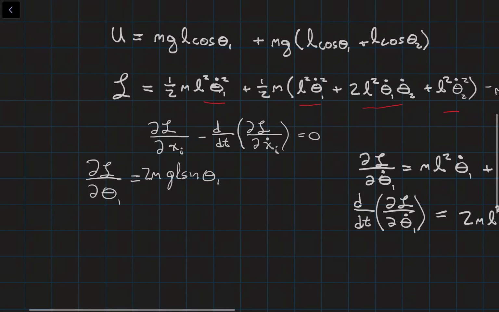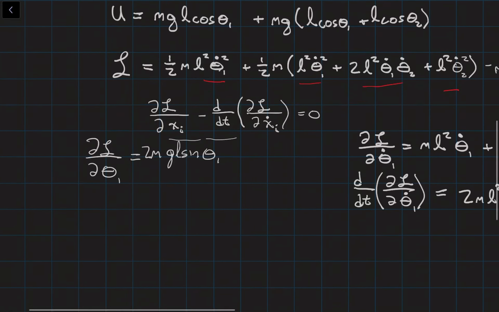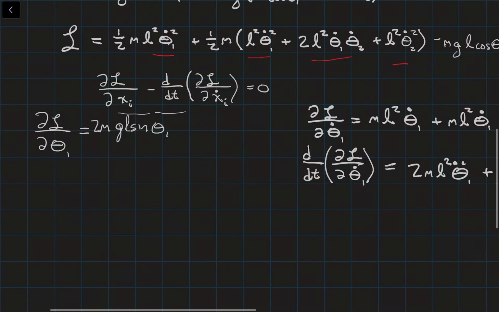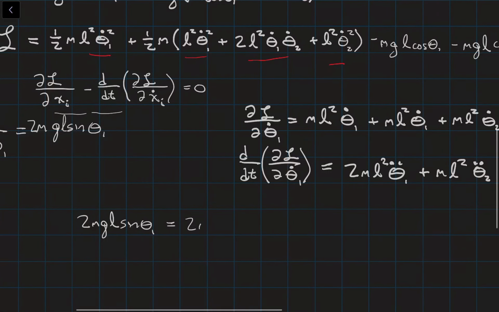And then based on this equation right here, we just set these two things equal to each other. So we have 2mgL sine theta 1 equals 2mL squared theta 1 double dot plus mL squared theta 2 double dot.